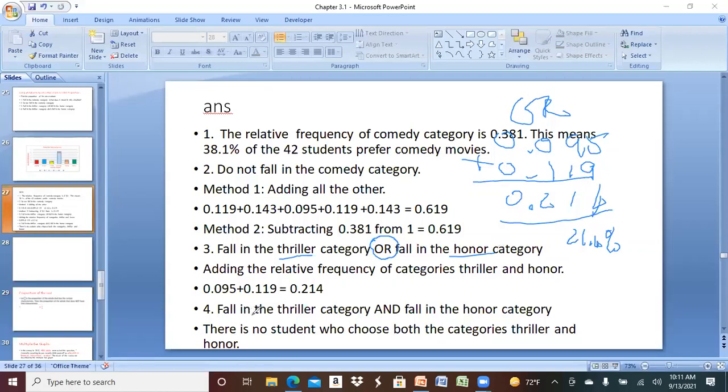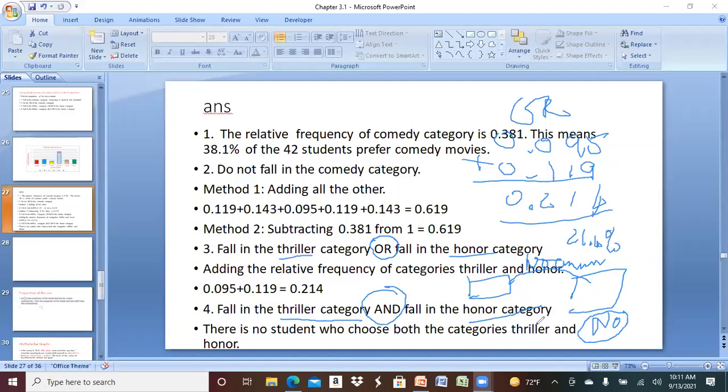And number 4 is for thriller and the horror category. Because we see this is different, right? The thriller and horror is different. They are not common in this one. So there is no student prefer thriller and horror.